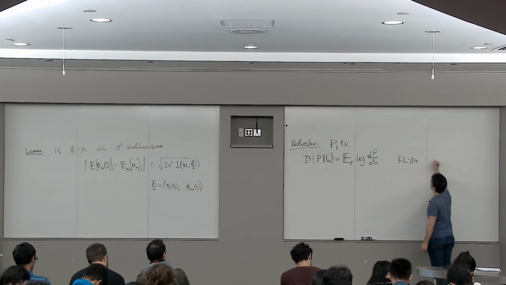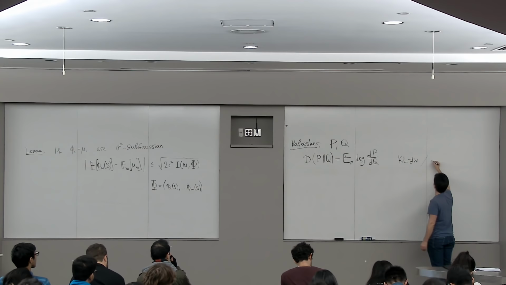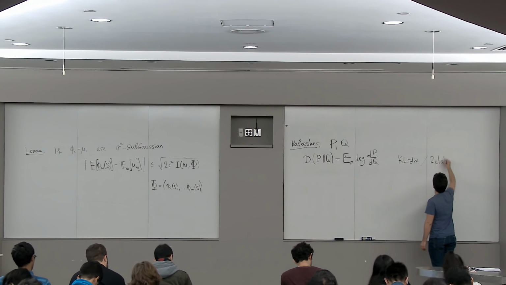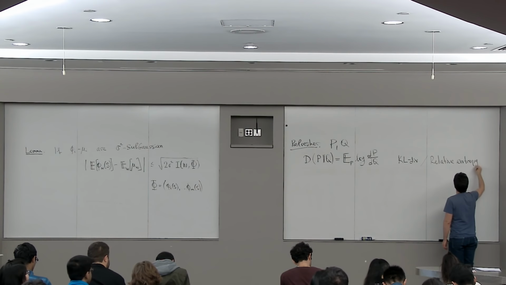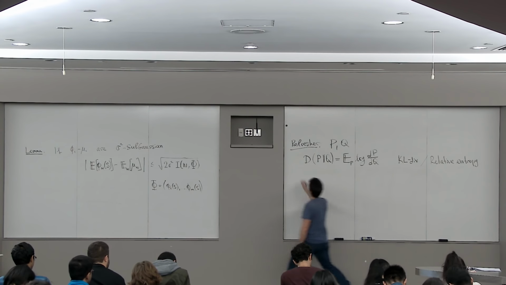It's also called relative entropy. So that's the first one.